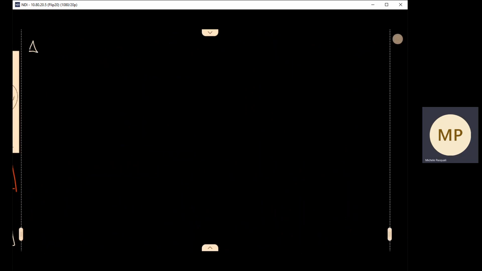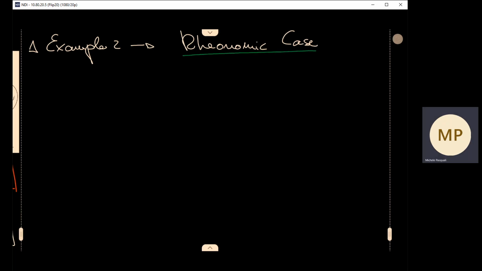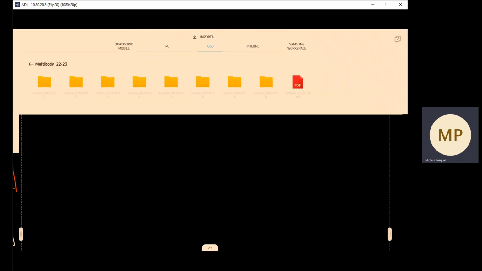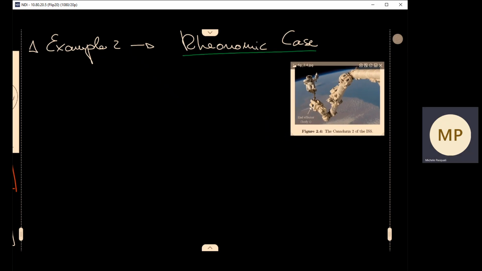So example 2, rheonomic case. In this case, you're going to see, for example, another occurrence.